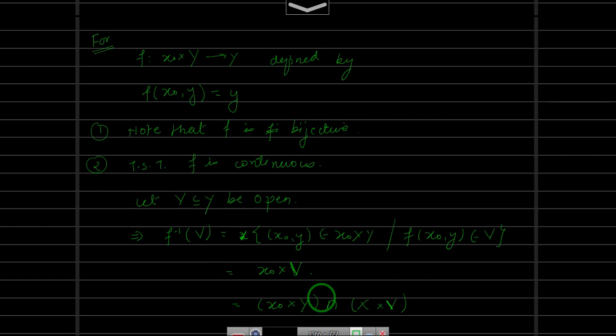Since you are taking the intersection of these two, the intersection of x naught and x will be the singleton x naught, and when you take the intersection of y and v, it will be v. So precisely these two sets are the same.